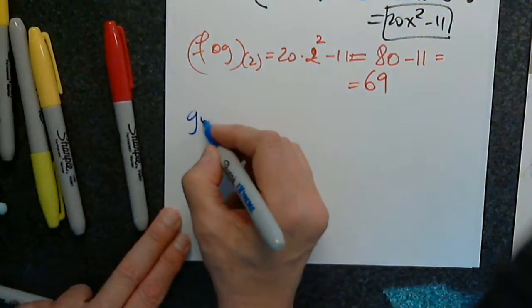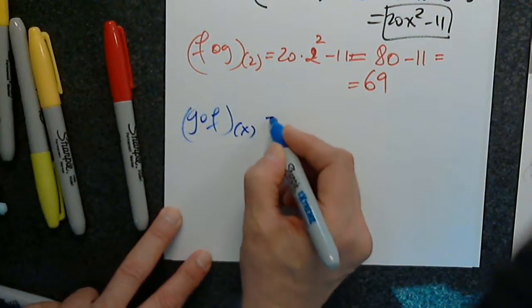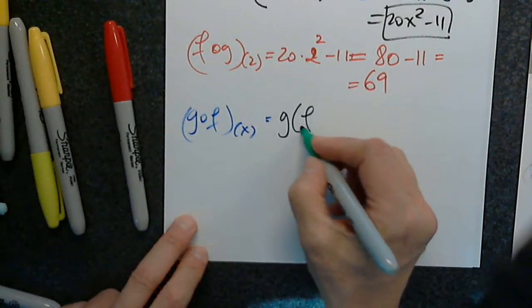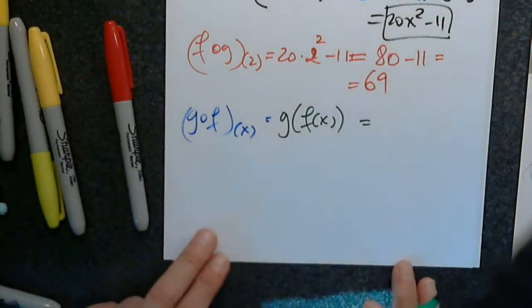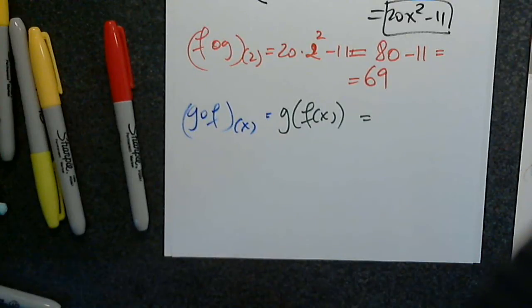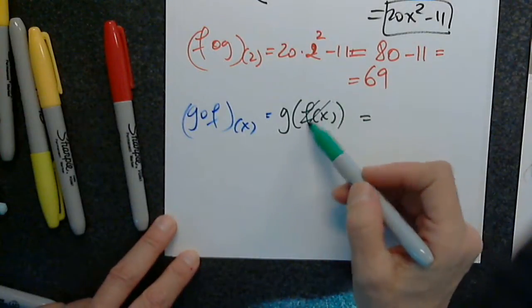Now we want to find g comp f. What does this mean? Very good, indeed. g of f of x. Again, I'm just making a point. I have to start with the inner function. What is the inner function now? This one, right?